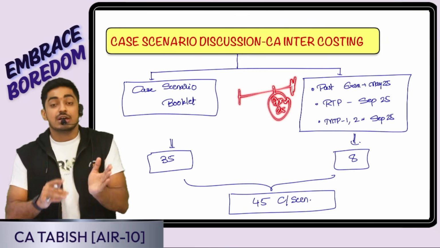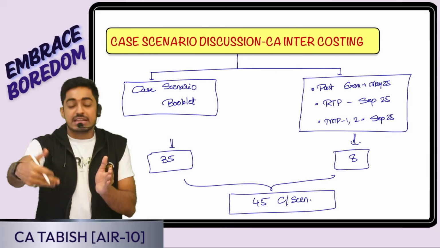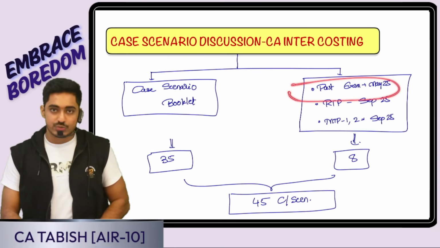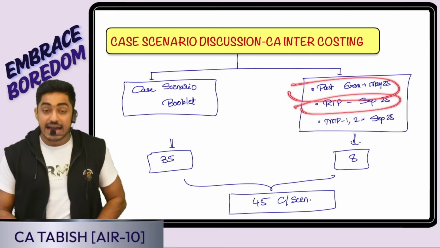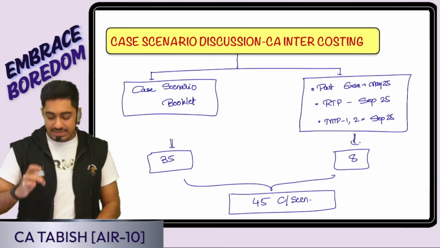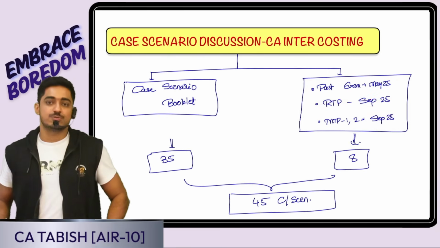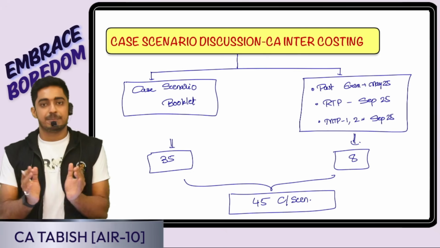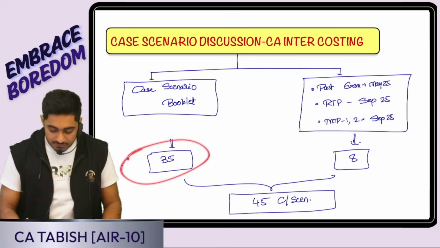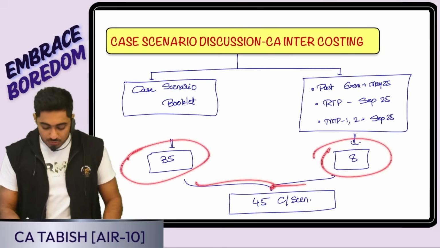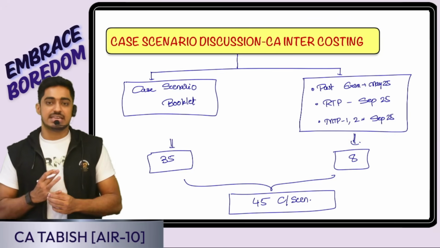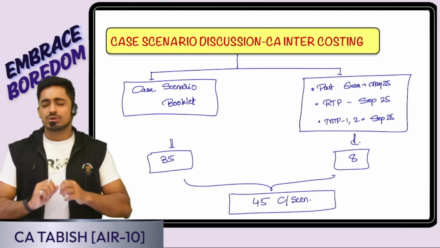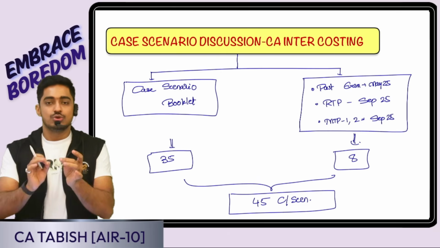But for the subsequent attempts, the May 2025 exam, RTP September 2025, and MTP Series 1 and Series 2 for September 2025, I've compiled the case scenarios from all these papers. So 35 plus around 8, almost 43 to 45 case scenarios we'll be solving. Trust me, this will give you sufficient confidence to go into the examination.